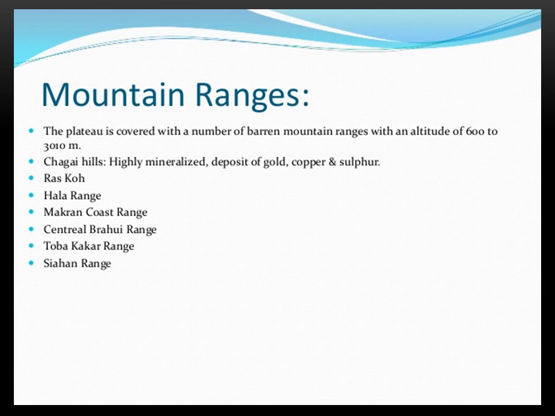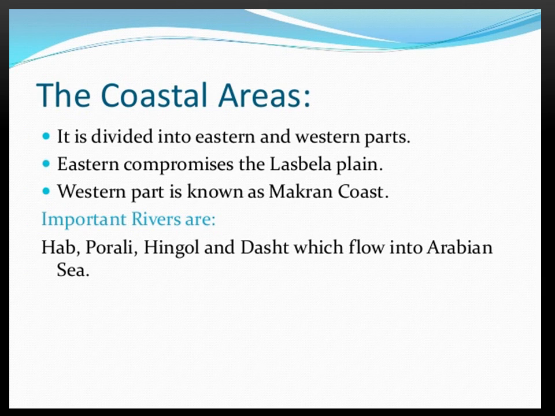The ranges are Raskoh, Hala Range, Makran Coast Range, Central Brahui Range, Toba Kakar Range, and Siahan Range. And the last part, which is part D, is the coastal areas of the Balochistan plateau. The coastal areas can be divided into eastern and western parts.